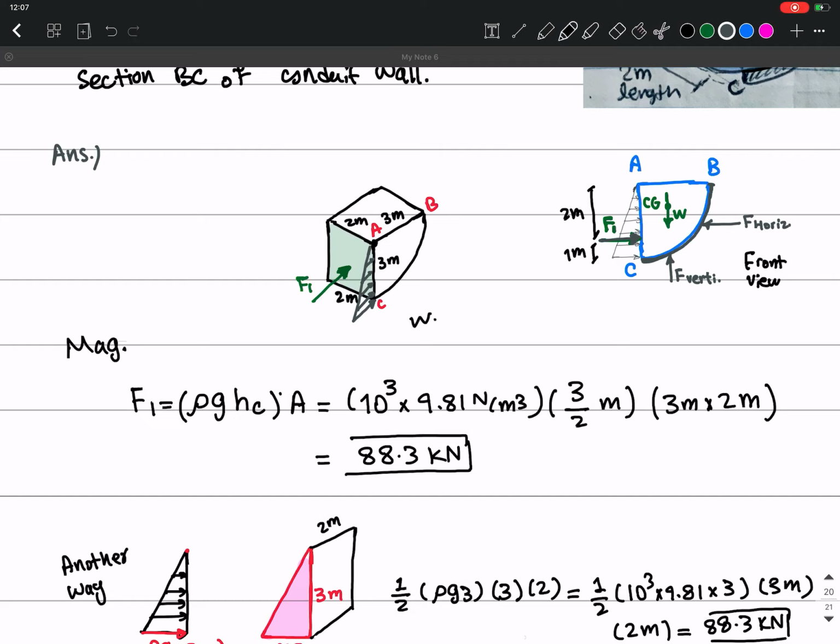So W is mg, right? And what is the mass here? I can just show it as rho, the density of water, times the total volume, and then multiplied by g. V is volume, right? Because the density is defined as m over V, so I can write m as rho times V, the total volume.